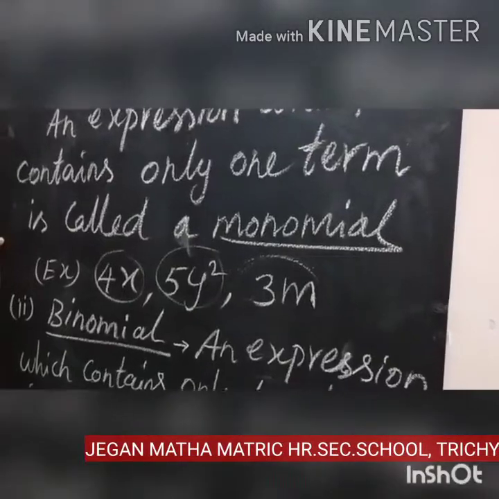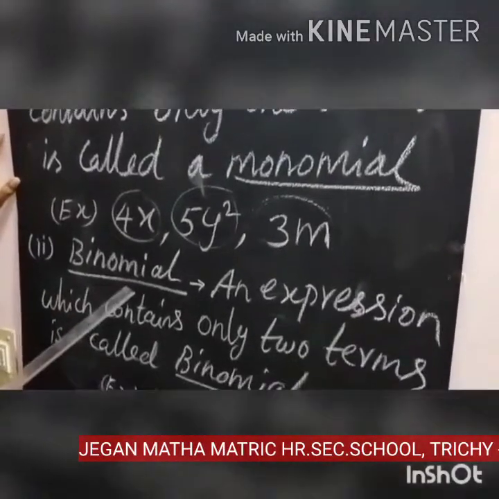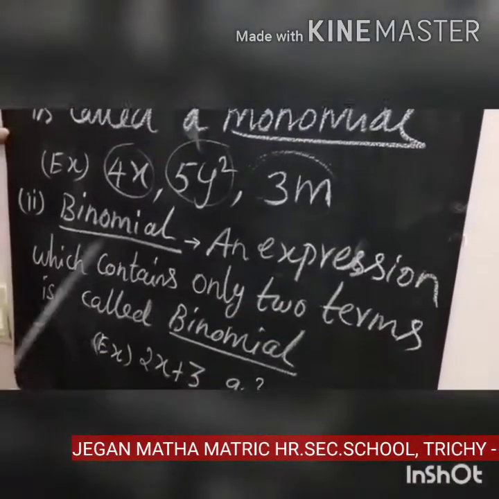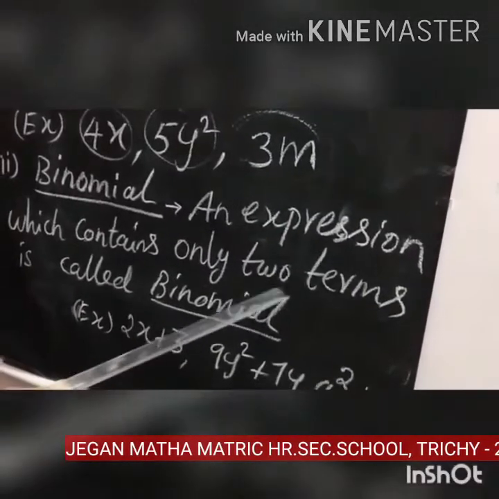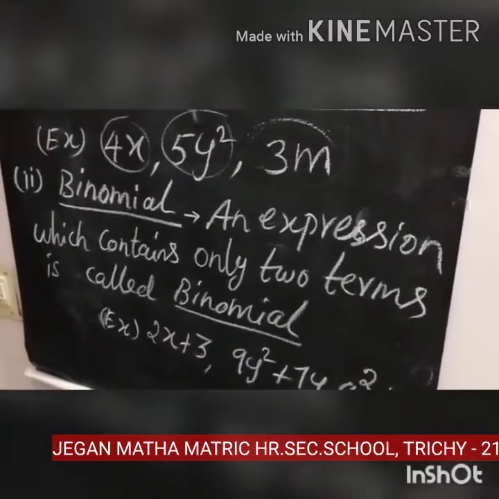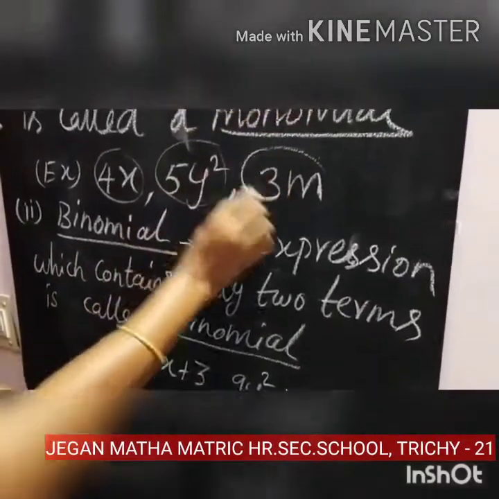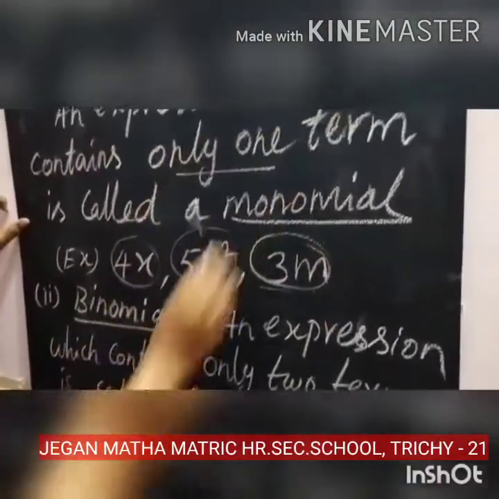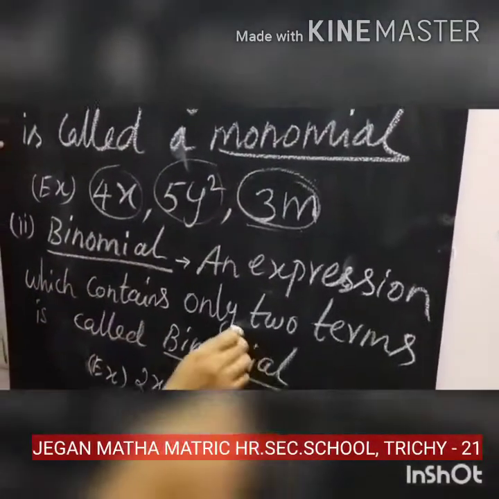See the next one. Next one is binomial. Binomial means an expression which contains only two terms. In monomial, there is only one term. For binomial, there are only two terms.